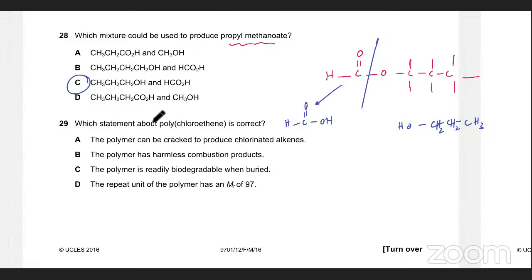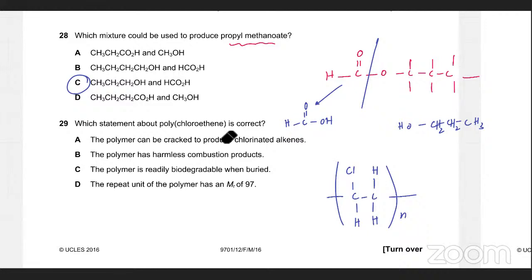Next, which statement about polychloroethene is correct? The polymer can be cracked. First thing, chloroethene. Ethene is 2 carbon atoms. This is PVC. Chloroethene is this thing. When it forms a polymer, the double bond would break and linkages would form, and there's not going to be any double bond in the middle.